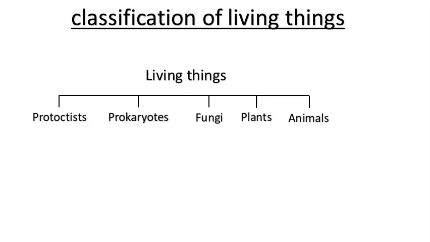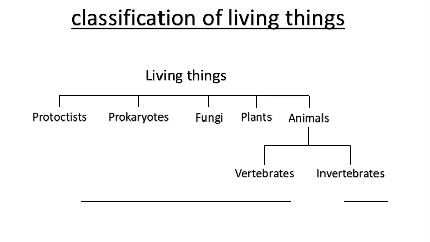We have discussed animals. The animal kingdom is further divided into 2 groups. What are they? Vertebrates and invertebrates. Now we have discussed that vertebrates are further divided into groups and invertebrates are further divided into groups. So what are the groups in which the vertebrates are divided? Number 1, fish.